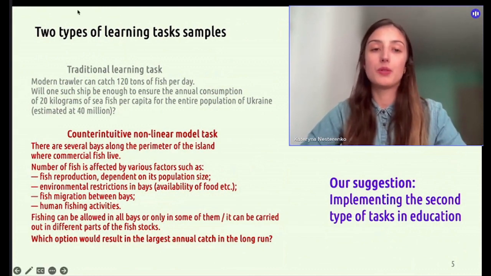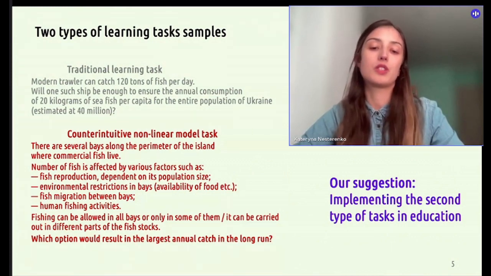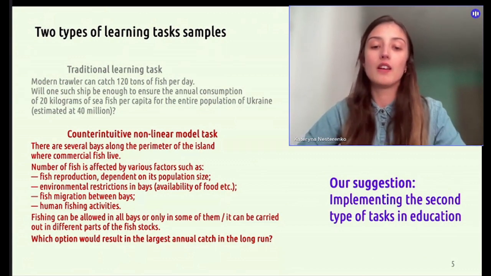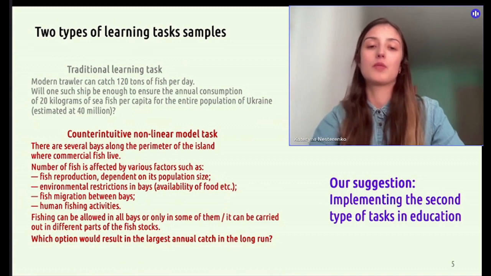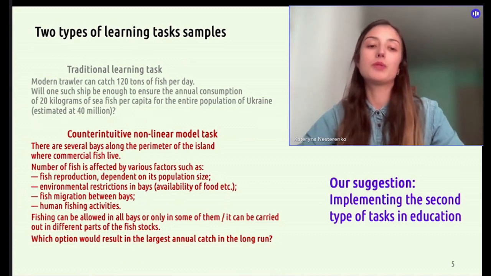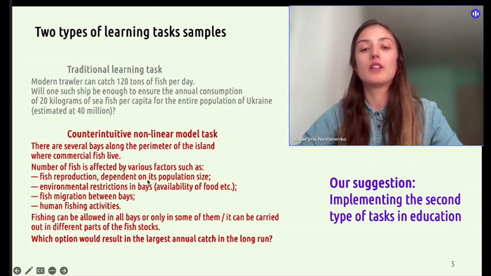We can ask students to calculate the catch under conditions where we increase the fishing effort, with the condition that the catch increases accordingly. And this is how school assignments are usually structured. Instead, we propose to optimize the catch in conditions where the system response is nonlinear.